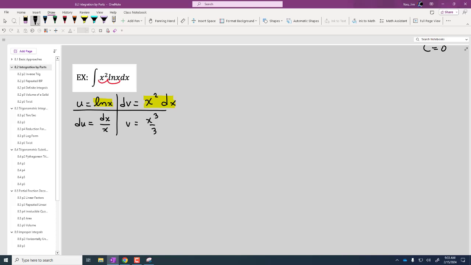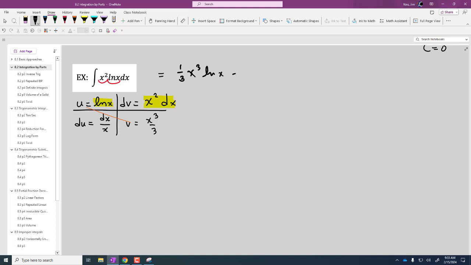So now we're ready to roll with our integration by parts formula. This is where we use the ultraviolet voodoo as our memory trick. Ultraviolet means u times v. So we take these two and multiply them: u times v is 1/3 x cubed times natural log of x.